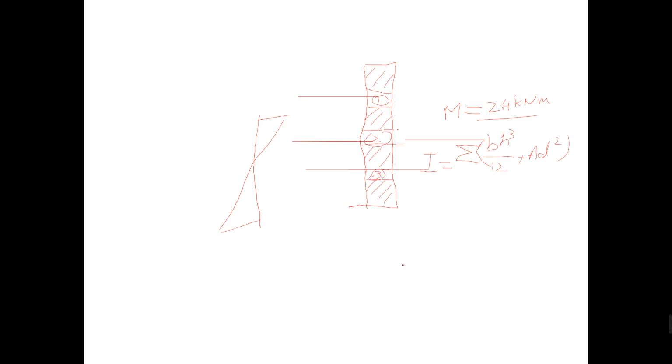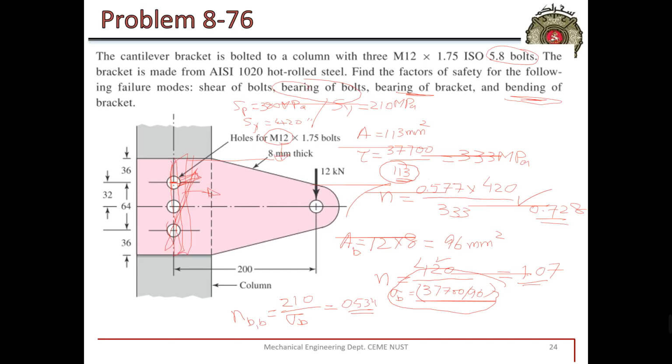If we take the big area, I will be equal to bh cubed by 12 of the bigger area, for which b is the thickness. I think b was 8, and h is equal to 36 plus 36 plus 64.